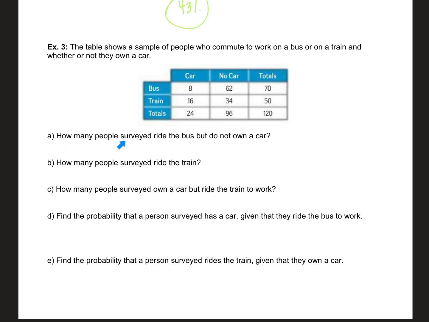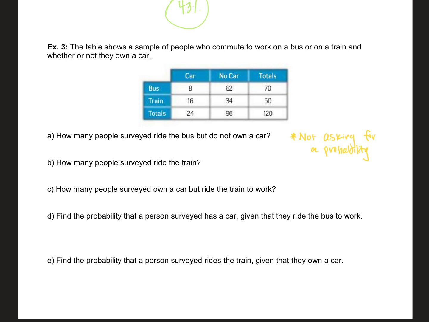A says how many people surveyed ride the bus but do not own a car. Don't get thrown off on this problem. They're not even asking for a probability here. So all they're asking me to do is to look at my table and interpret the values that they've put in it.